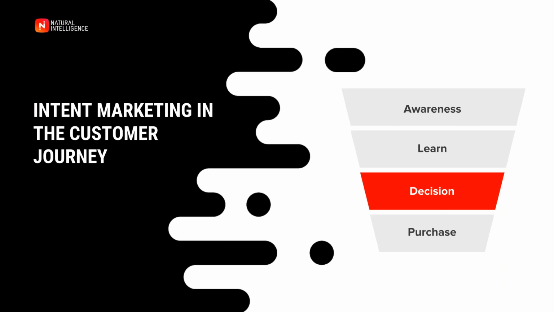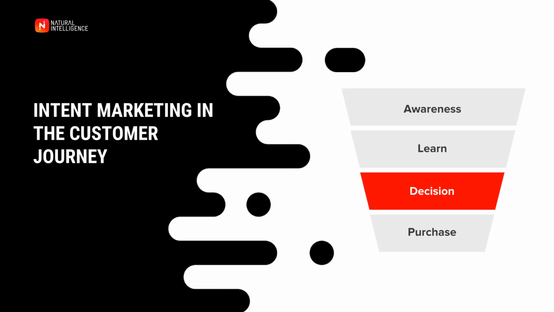So in terms of marketing, social, native, and other types of marketing play a huge role up at the top of the funnel in stage 1. Intent marketing, and specifically intent marketing through search, play a bigger role in stage 2, especially in stage 3, which is much closer to the crucial point of purchase.